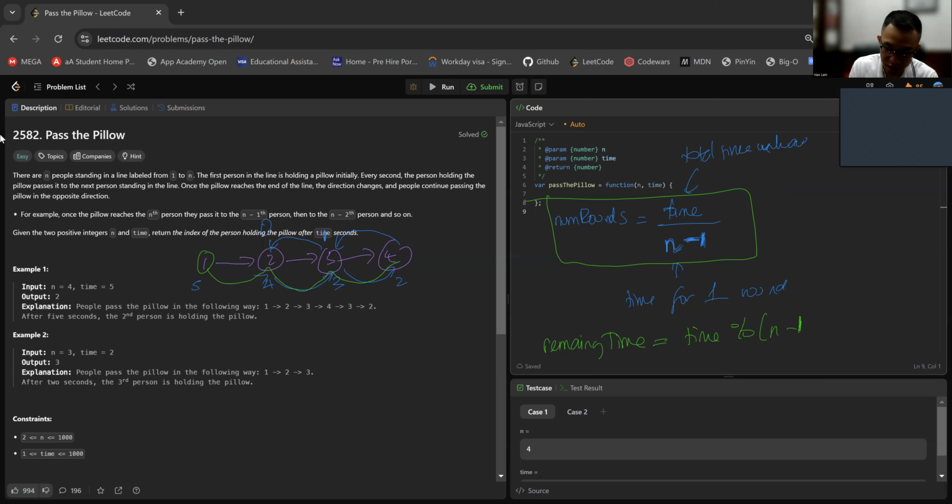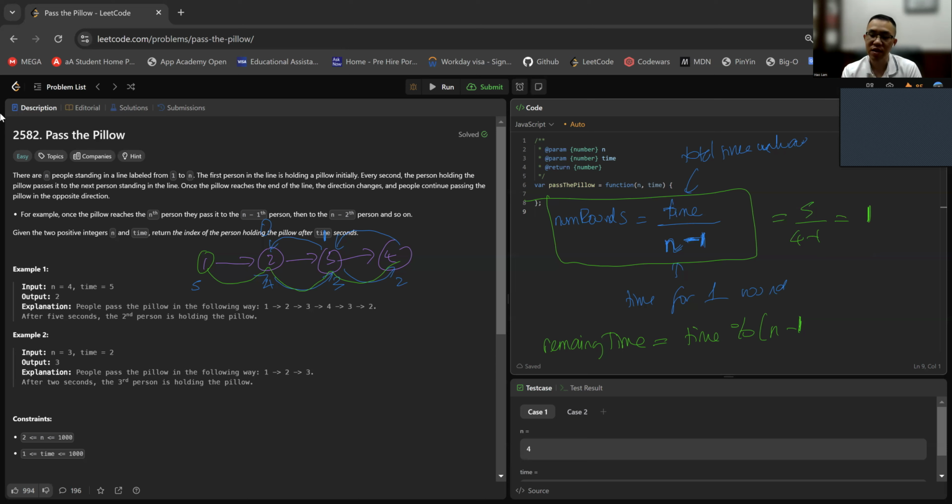For example, if we have 4 people in 5 seconds, then the number of rounds that we can go is 5 divided by 4 minus 1, which is 1. We can go max one round.